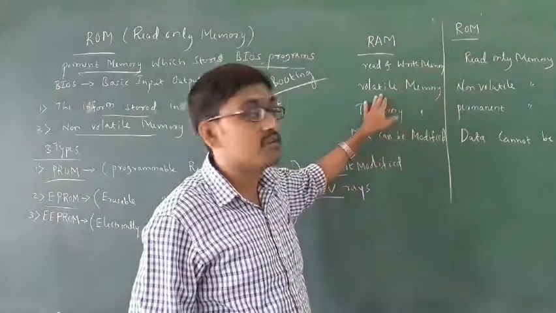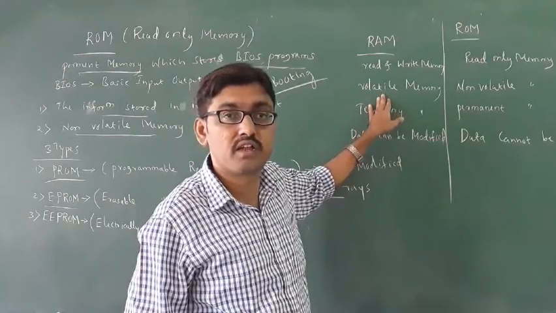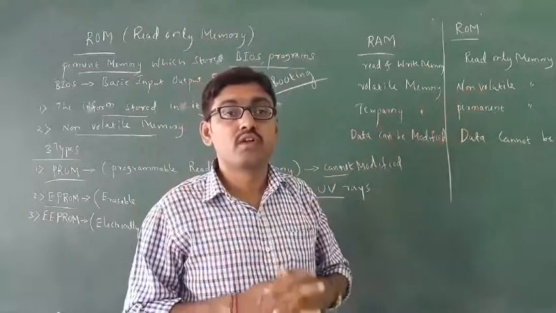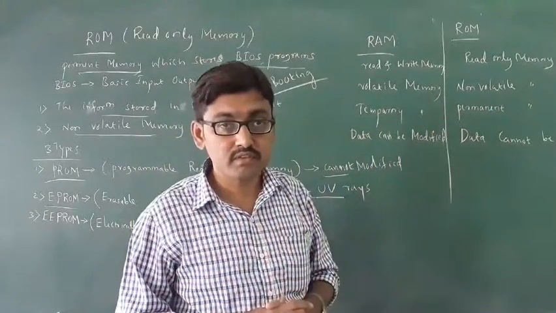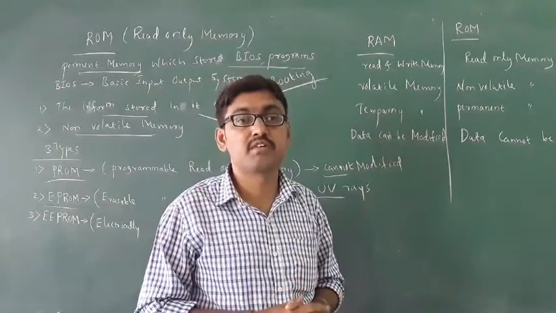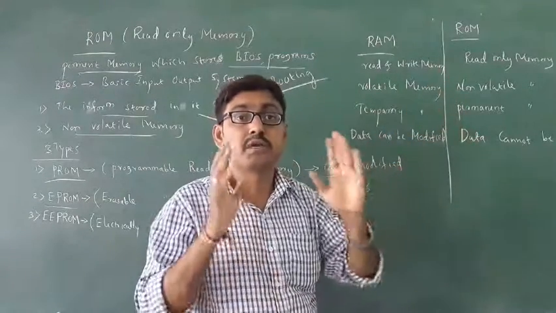RAM is a volatile memory. Volatile means whatever information you store here will be erased, but in ROM it cannot be erased. That's why it is non-volatile memory. Next, RAM is a temporary memory, it stores data temporarily, but ROM is a permanent memory.